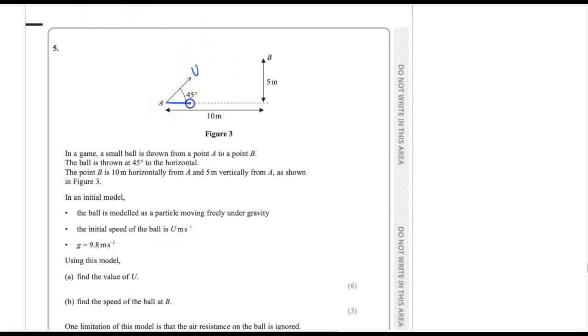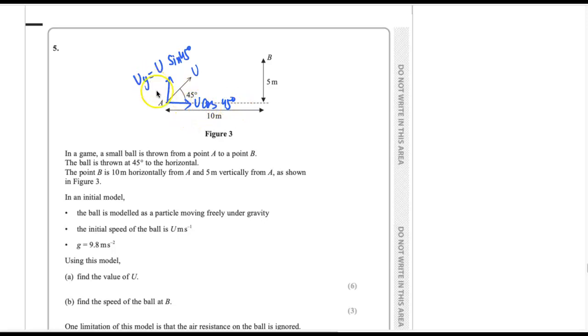If we write the components, here we're going to be getting ux, u cos 45 degrees, and on top we're going to be getting the uy component, that would be u sine 45 degrees. So this is uy, not there, it would be cos 45 degrees.